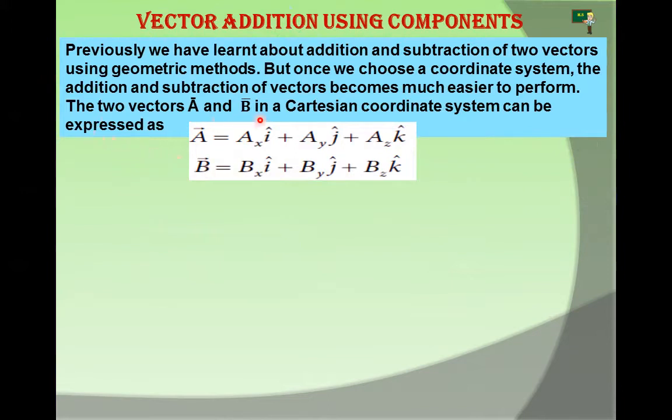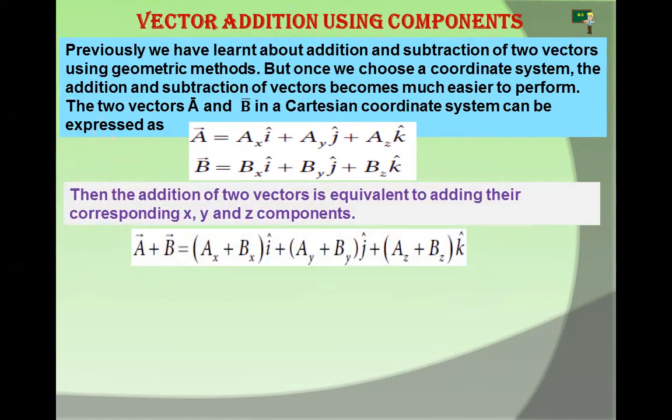Now the two vectors, A vector and B vector, in a Cartesian coordinate system can be expressed as A vector is equal to Ax i cap plus Ay j cap plus Az k cap, and for B vector, Bx i cap plus By j cap plus Bz k cap. While adding, the addition of two vectors is equivalent to adding their x, y and z components.